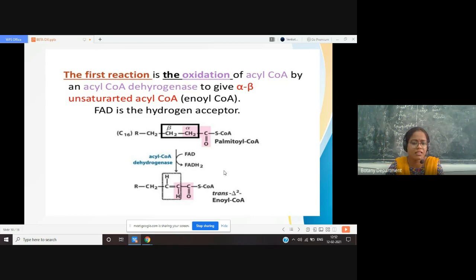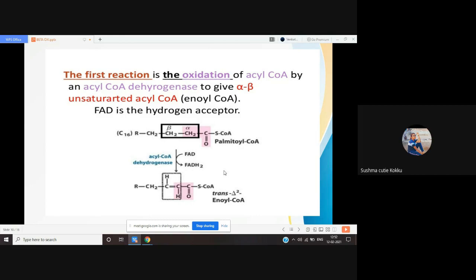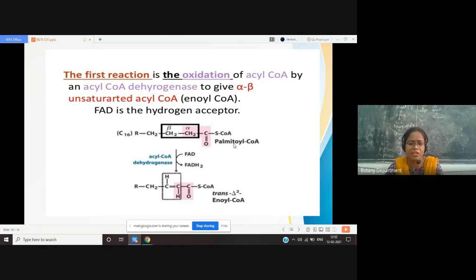Can you see? Yes, ma'am. This is the first step, girls. Here the example is palmitoyl CoA, which is a 16 carbon compound. Remember, palmitoyl CoA is a 16 carbon compound. I have represented that; this palmitoyl CoA structure has 16 carbons inside it, and we have to just see the product.